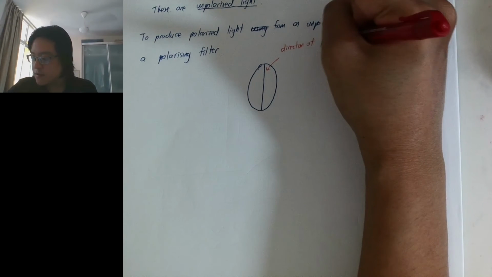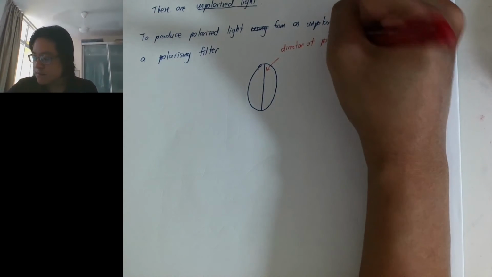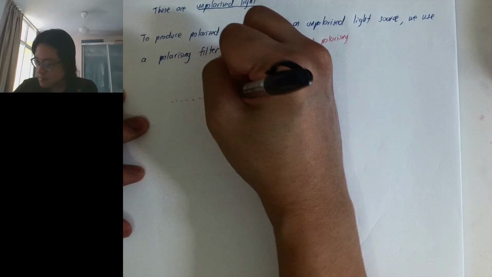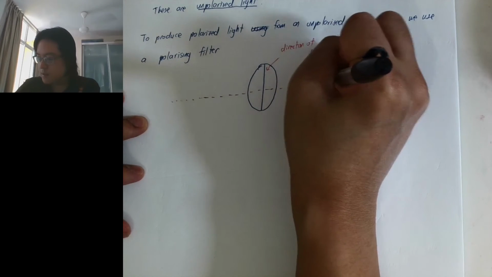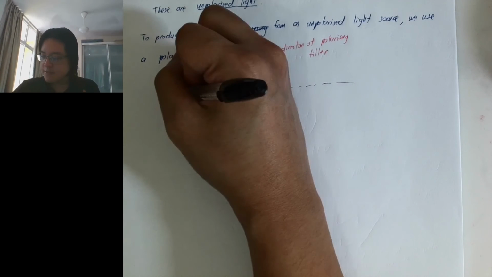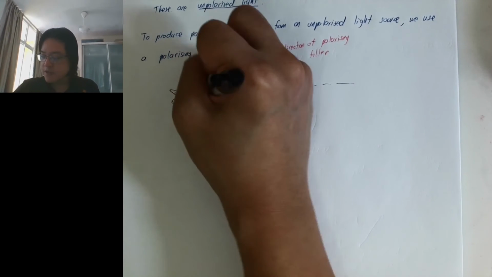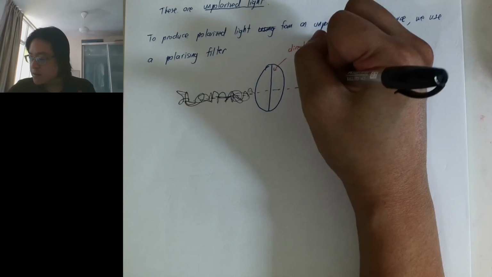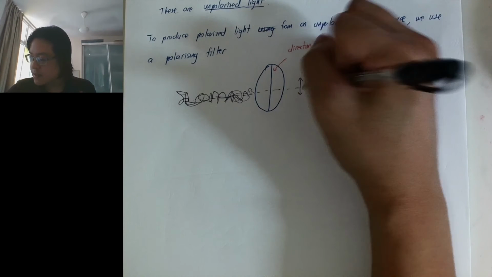Let's say this is my optical axis. If I have some light that is in all random directions, by the time it passes through the filter, it will let only this light come out.